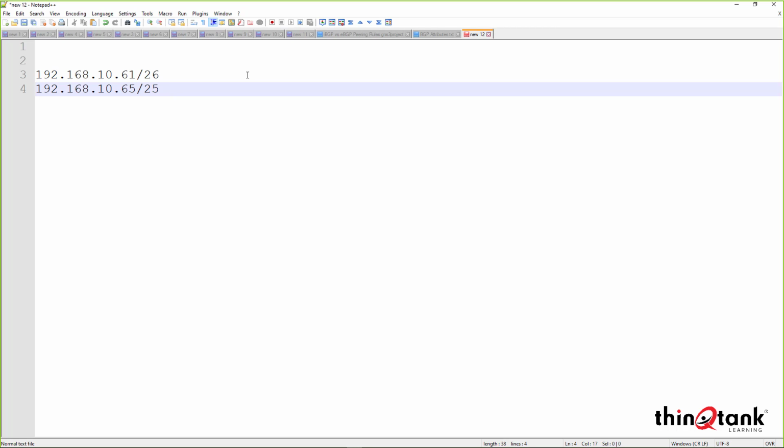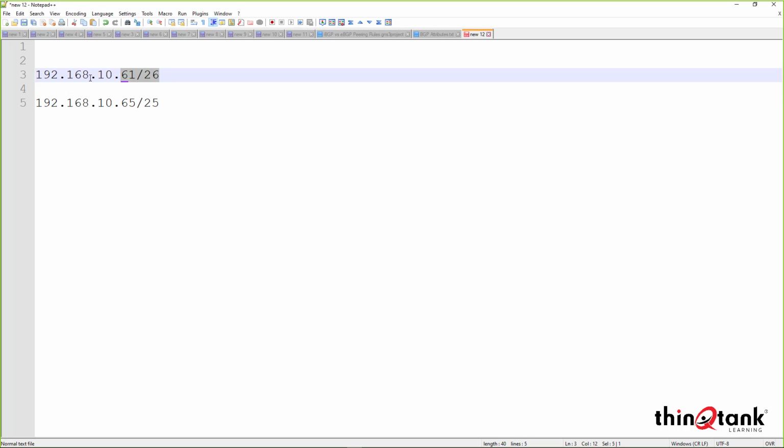If you did something like this, now 65 thinks it can talk to 61 without a gateway because it thinks it's in the same subnet, but 61 doesn't. See what I'm saying? 61 says, oh, my network is from 0 to 63, and the next network is 64, so 65 is outside of my scope, outside of my broadcast domain, so I'm going to have to use a gateway to talk to that client.